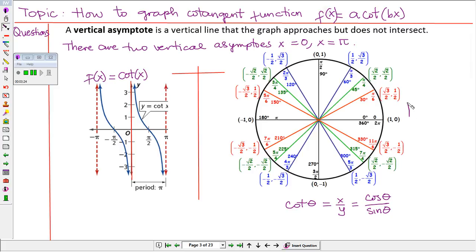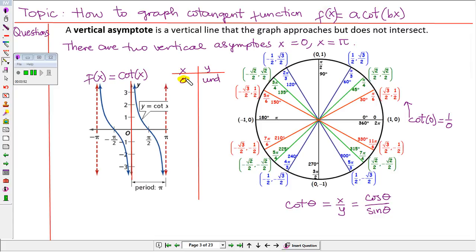So let's start with positive angles, going counterclockwise from 0. Here x is 1 and y is 0. Cotangent of 0 is x divided by y, so 1 divided by 0 is undefined.